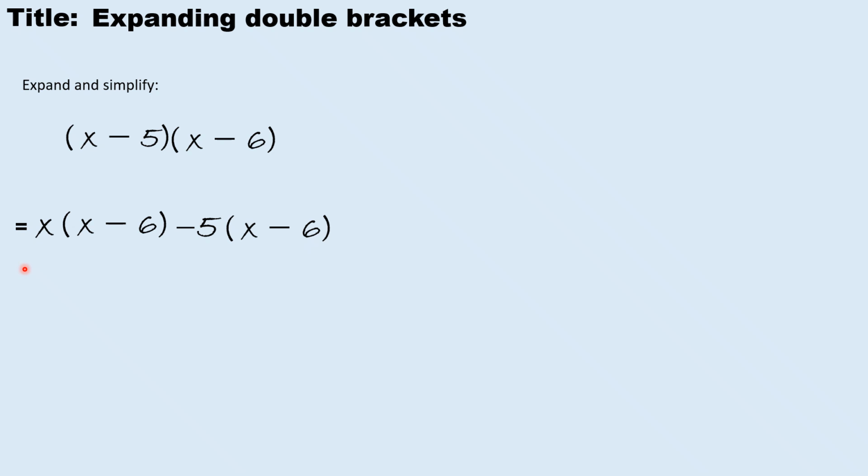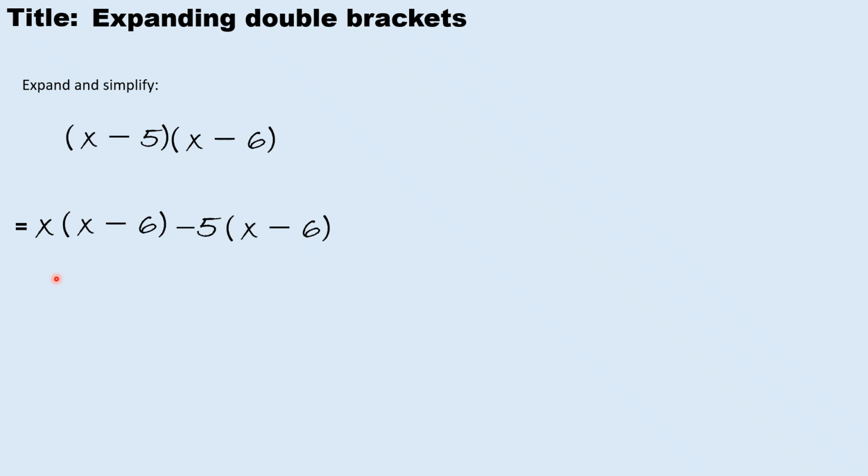Let's expand, and again, if expanding a single bracket is difficult for you, just check out this video on the right. It will help you to expand a single bracket.